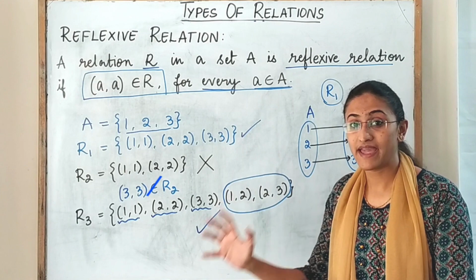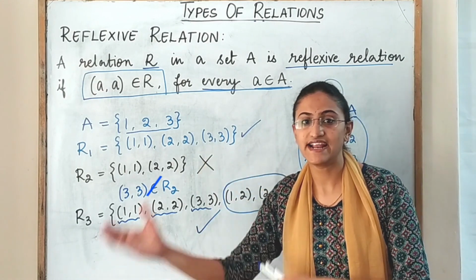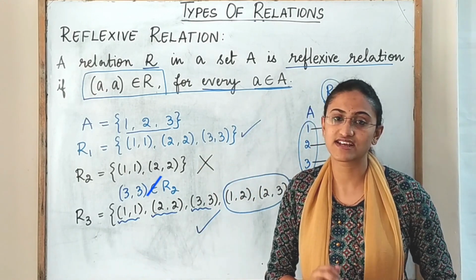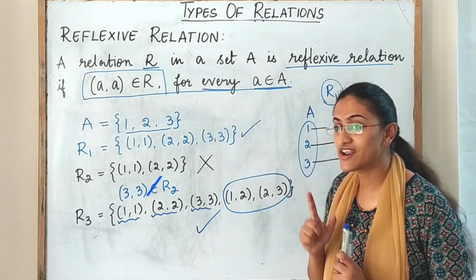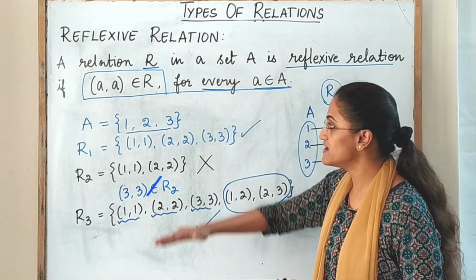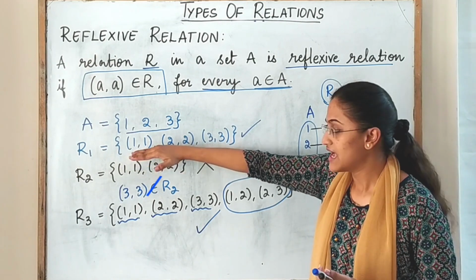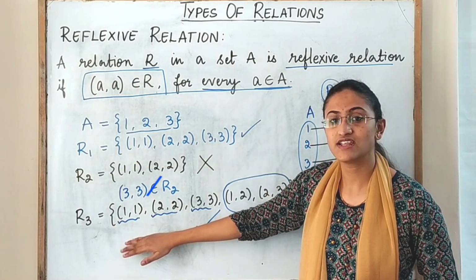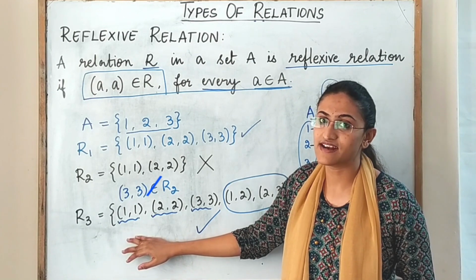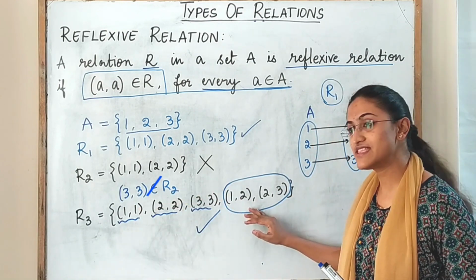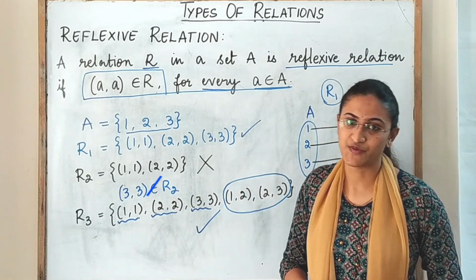The major difference between the identity relation and the reflexive relation is that for the identity relation only the elements should be related to itself, and in the reflexive relation all the elements should be related to itself but with extra elements also.